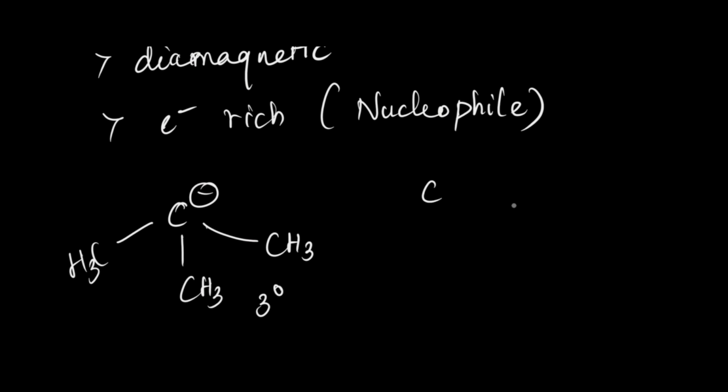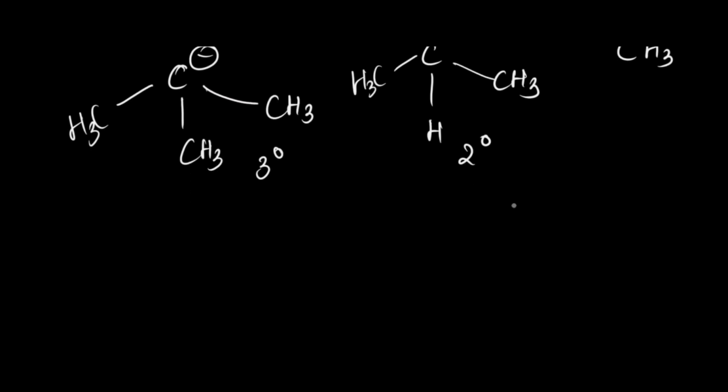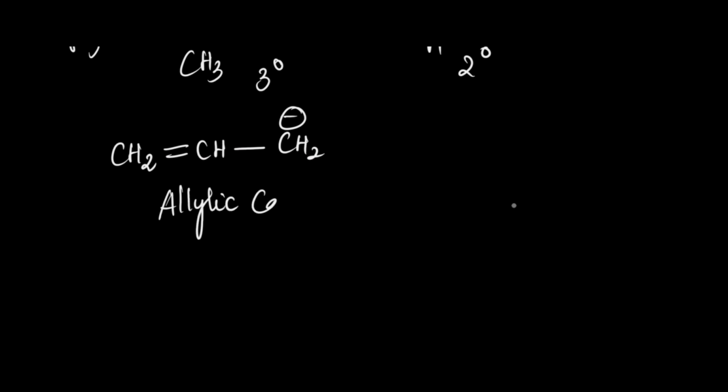Similarly, you can write down secondary carbon and primary carbon as well, and methyl carbanion. More importantly, you will see this type of structure, CH2 double bond CH, CH2 minus, which is called an allylic carbanion.